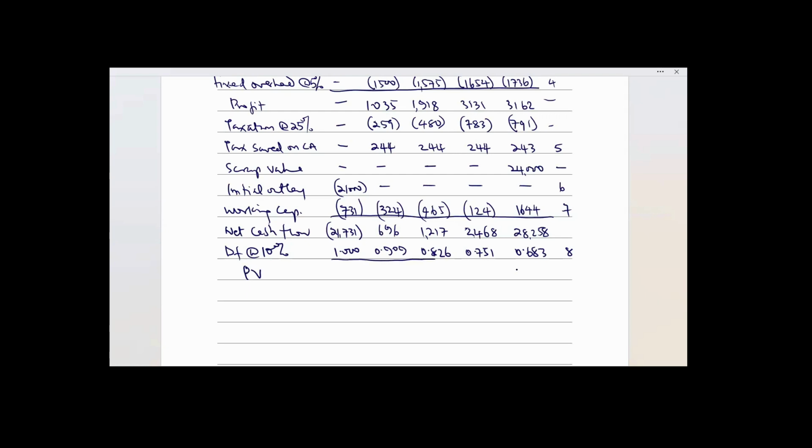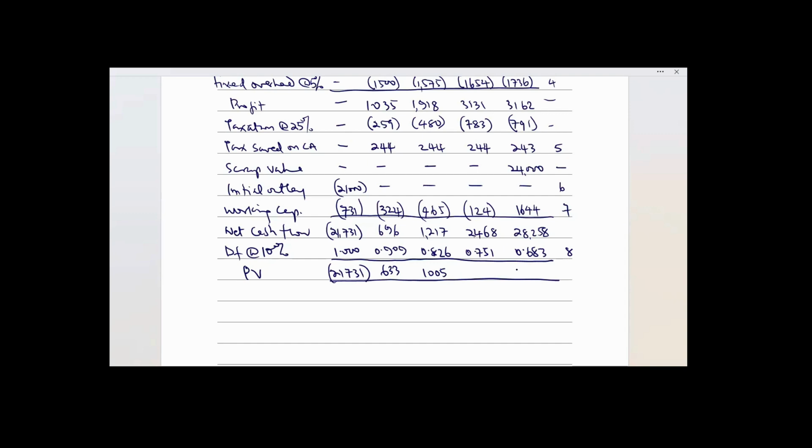Give me the PV. Here is 21,731. What's the PV for the respective years? Year one is 633. Year two is 1005.